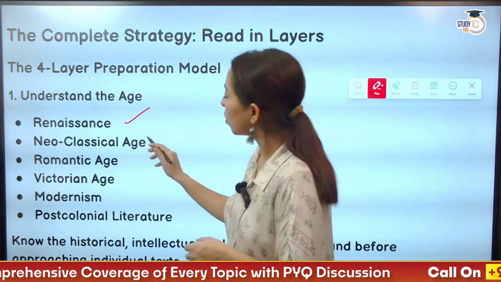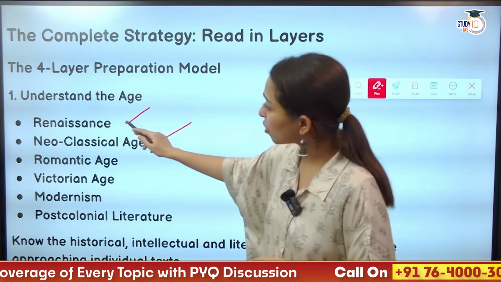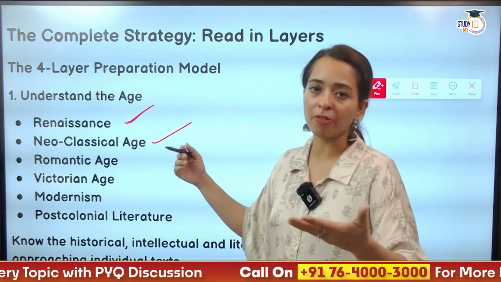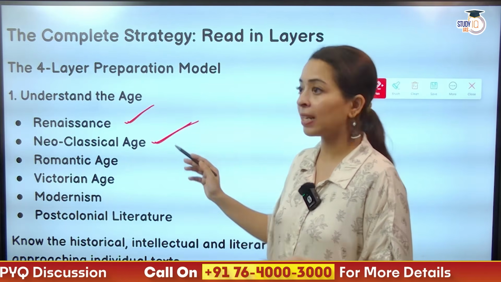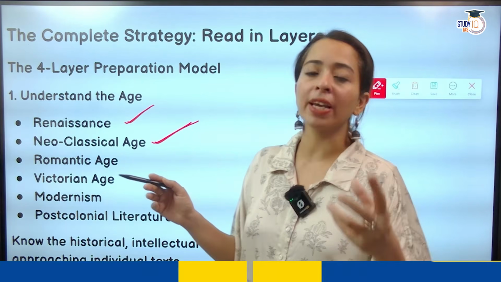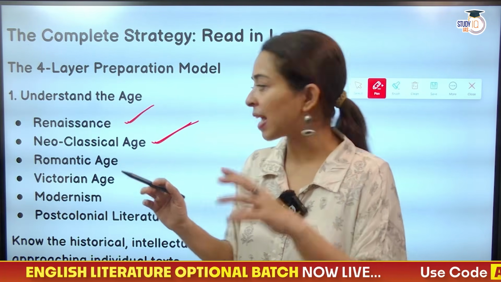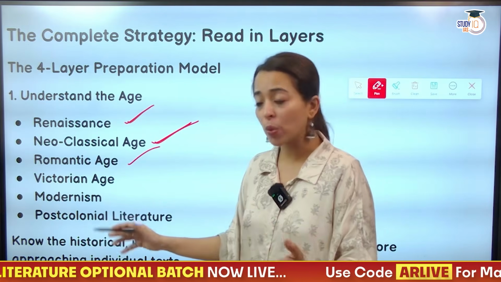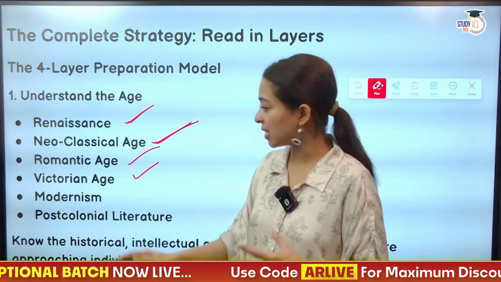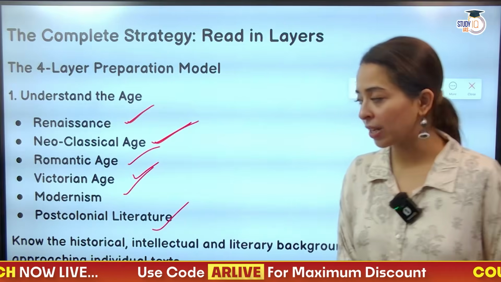So Renaissance, then after your Renaissance comes your neoclassical age, wherein you will be talking about all those writers, that is your Milton, Alexander Pope. In the Romantic age comes Wordsworth. Victorian age, you have Tennyson, then modernism, and post-colonial literature.